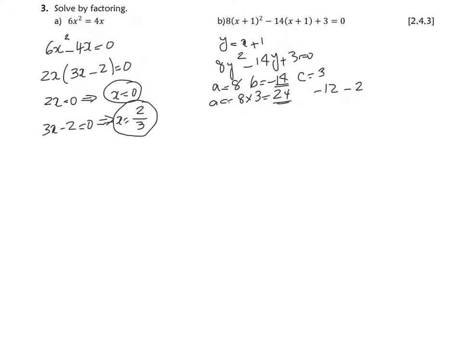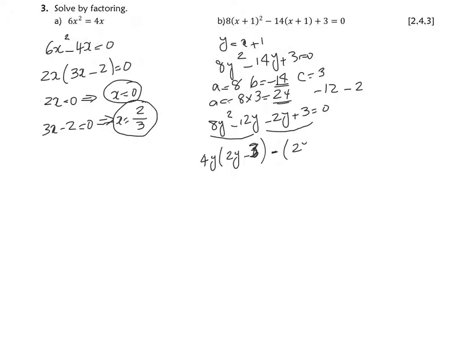So I can decompose the middle term. I get 8y squared minus 12y minus 2y plus 3 is equal to 0. Take the first two terms and the last two terms. From the first two terms I can take 4y out, so I get 4y times 2y minus 3, and from the last two terms I take negative 1 out, just negative.